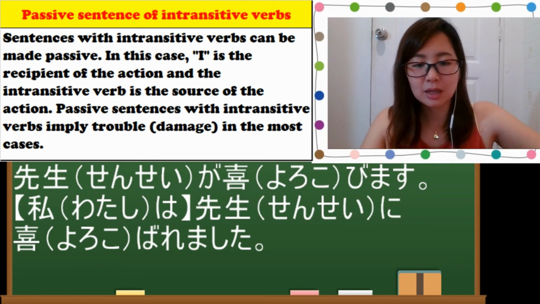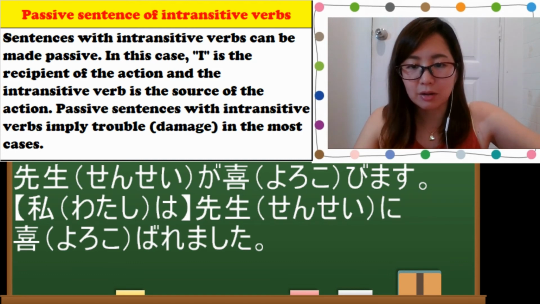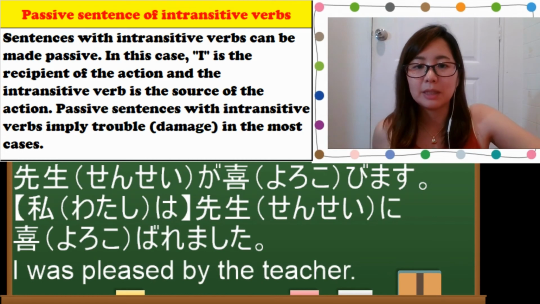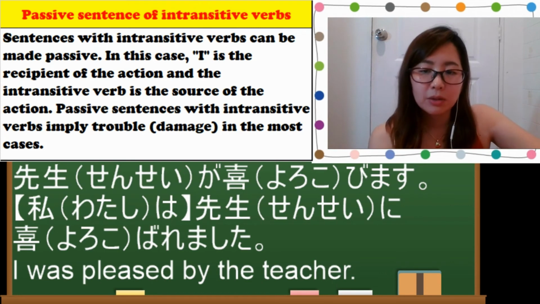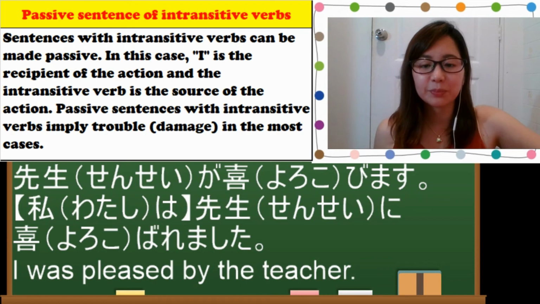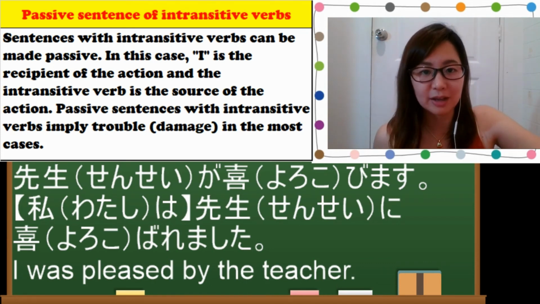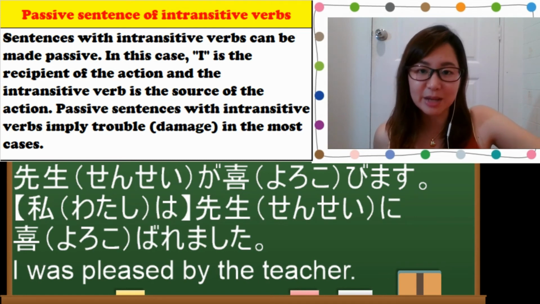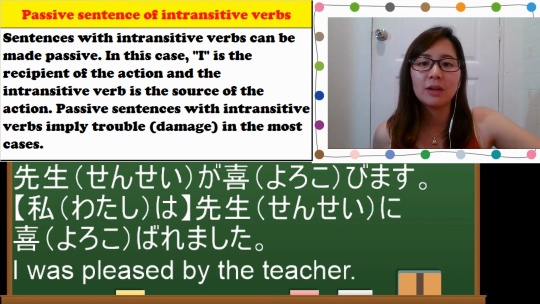This one simply means the teacher is pleased. It will be, I was pleased by the teacher. So it doesn't have a meaning of trouble or damage. So for some verbs, this does not apply. It really depends. But in most cases, it has a nuance of trouble or damage.